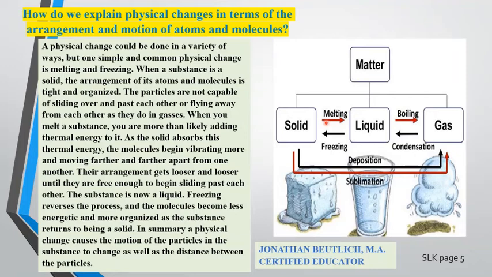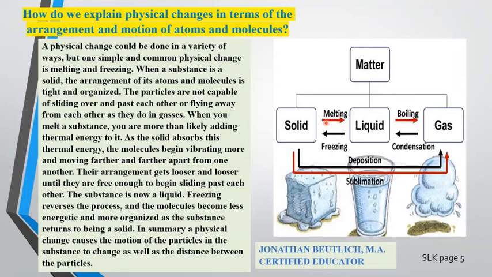The particles are not capable of sliding over and past each other or flying away from each other as they do in gases. When you melt a substance, you are more than likely adding thermal energy to it. As the solid absorbs this thermal energy, the molecules begin vibrating more and moving farther and farther apart from one another. Their arrangement gets looser and looser until they are free enough to begin sliding past each other. The substance is now a liquid.